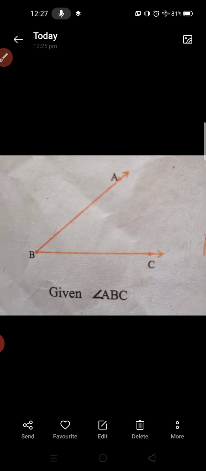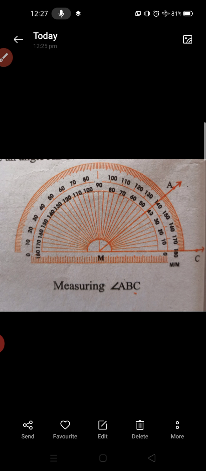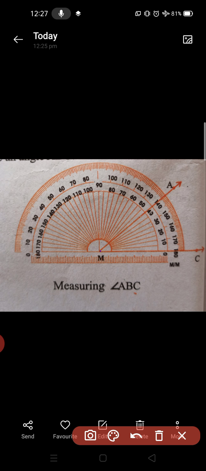This B and the midpoint of the protractor M both must coincide. Here M and B are overlapped on each other, coincide with each other. This you have to do first.